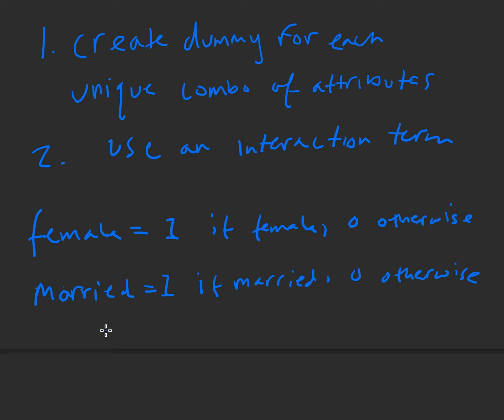So if we think about method 1, you have 4 different groups. We're going to look at 3 dummy variables, and then one of the groups is going to serve as the base group.